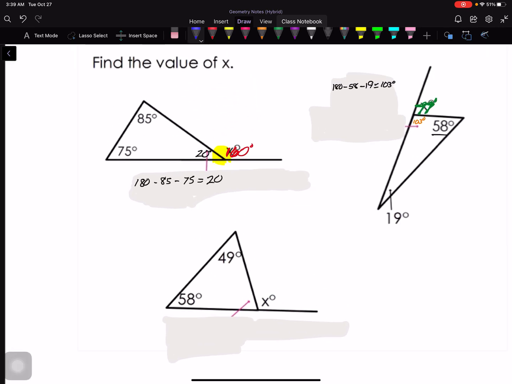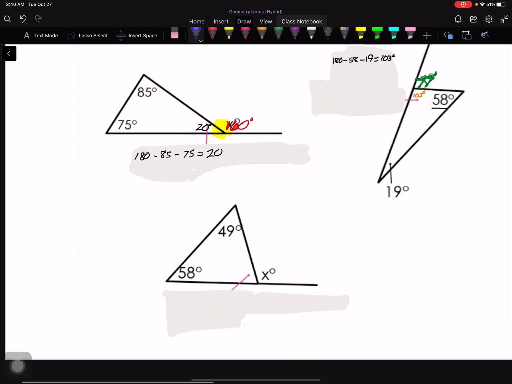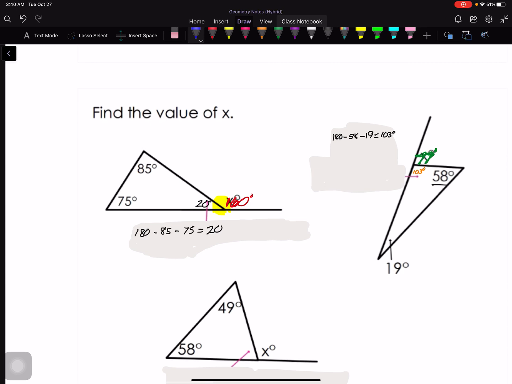So instead of doing all this work like we did up here, we could have just used the exterior angles theorem. So let's practice it really quickly. Let's see if we get 160. x equals 160. That's what we got the first time.